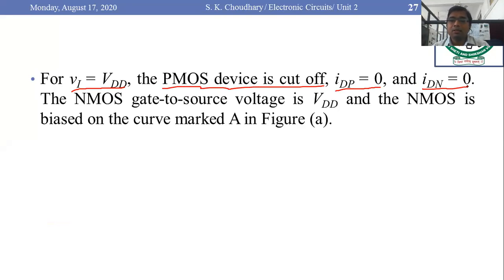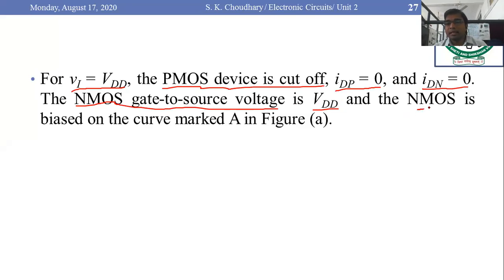And if IDN is 0, then we have to come to the other condition. NMOS gate to source voltage VGSN is equivalent to VDD, because we have seen in the circuitry Vi is nothing but VGSN, and if Vi is VDD, VGSN is also VDD.